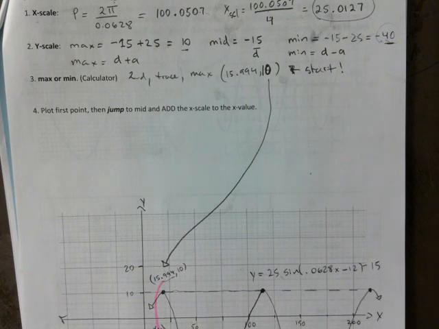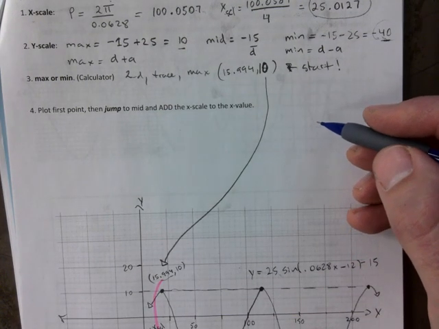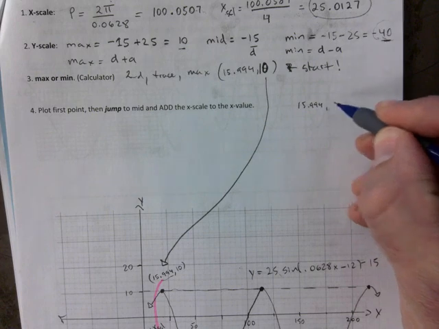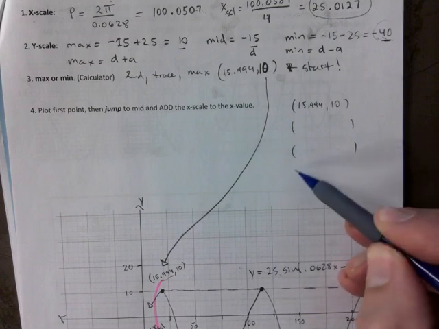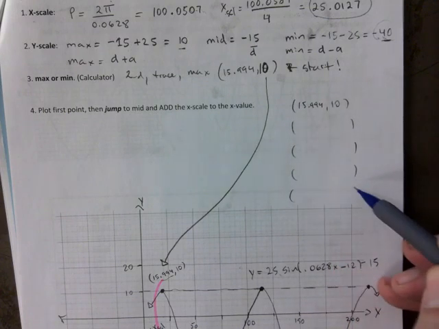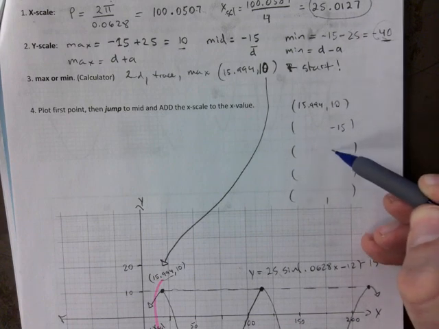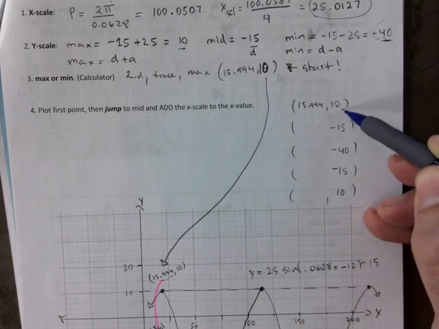That makes sense? You want me to give you another? We have some time. Another thing that I've done in the past is this. Second option. If you don't want to go straight to the graph, you find the 15.994, 10, and you know how many points you need for one cycle. 5, right? You know you're going to go from 10 to negative 15 to negative 40, back to negative 15, back to 10, right?